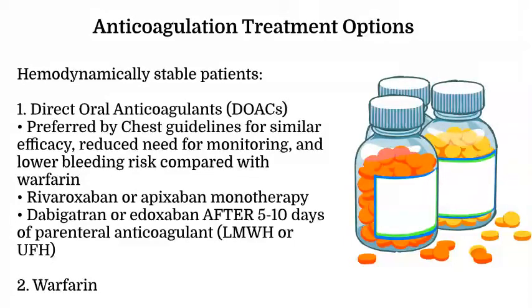So you would start the patient on enoxaparin and warfarin together, keep monitoring their INR daily, and once the INR hits 2 or above for 2 consecutive days, you can stop the enoxaparin and continue with warfarin by itself.